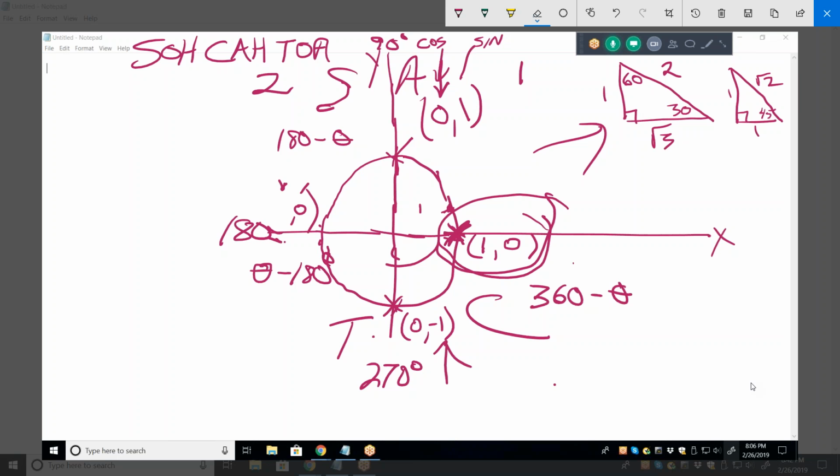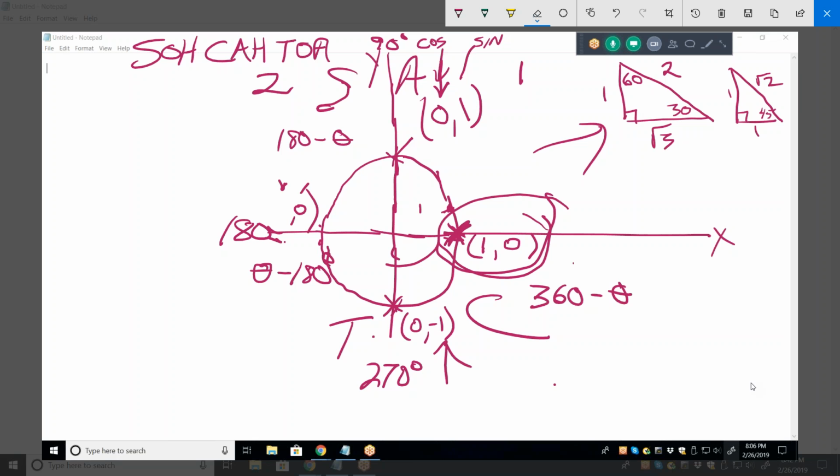So you might even want to take a picture of this page. Even though it's not the neatest thing I've ever drawn in terms of the unit circle, I got a lot of garbage on there. But everything that's on there you need to know, including the fact that the x coordinate is the cosine of x and that the y coordinate is the sine of x.